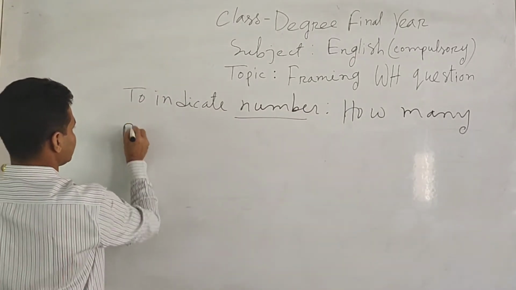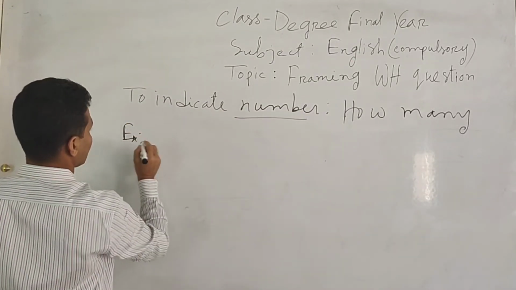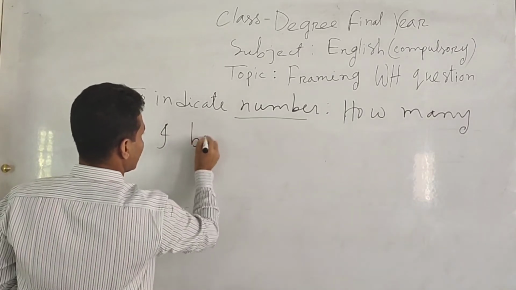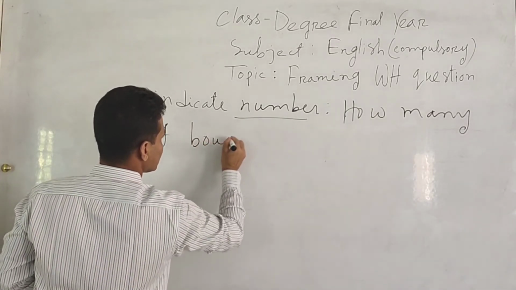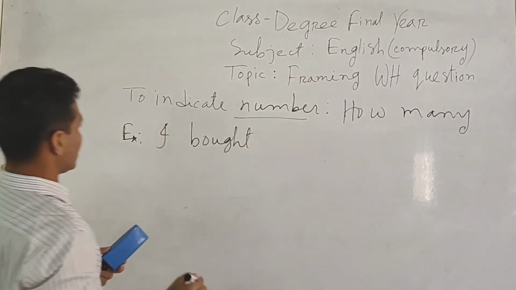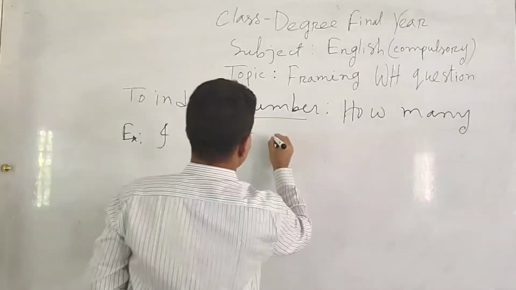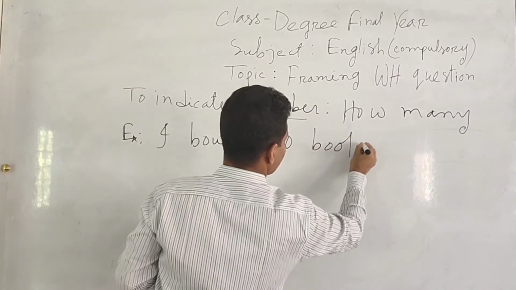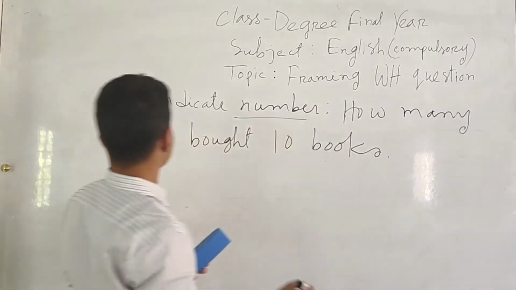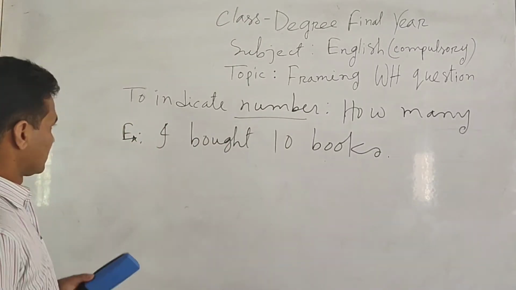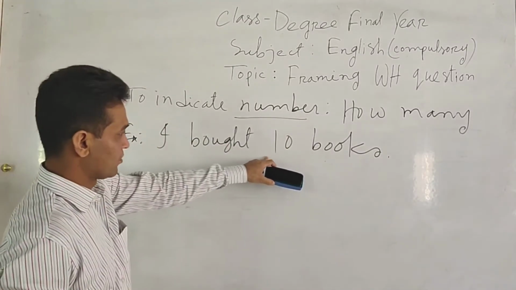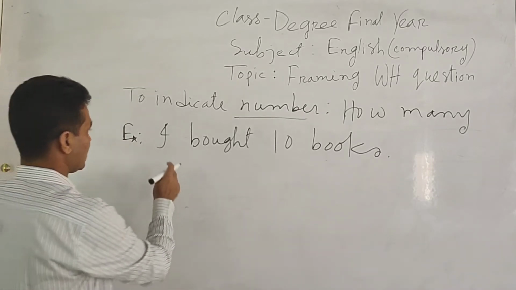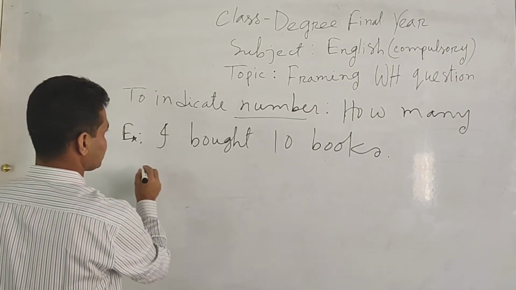Example: I bought 10 books. I bought 10 books. Okay, from this sentence, if you want to frame a WH question, you have to use how many books.